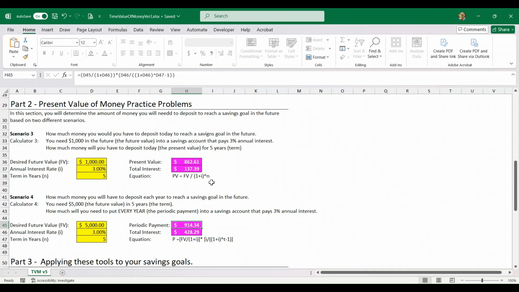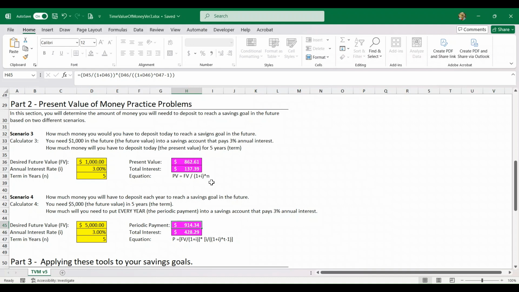And so what this says, I'm going to deposit $914.34 every year for 5 years. I will earn $428.29 in interest. Therefore, I will end up with $5,000 of my future as my future value.